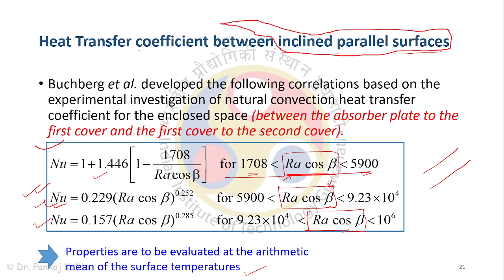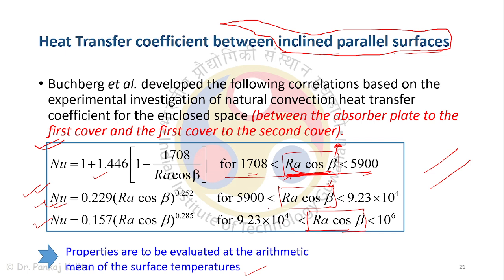If you're trying to calculate the heat transfer coefficient between inclined parallel surfaces, you first need to calculate this value, Ra, Rayleigh number into cos beta. Beta is the angle between these two parallel surfaces, and if this value lies between this particular range, then you will use this formula.